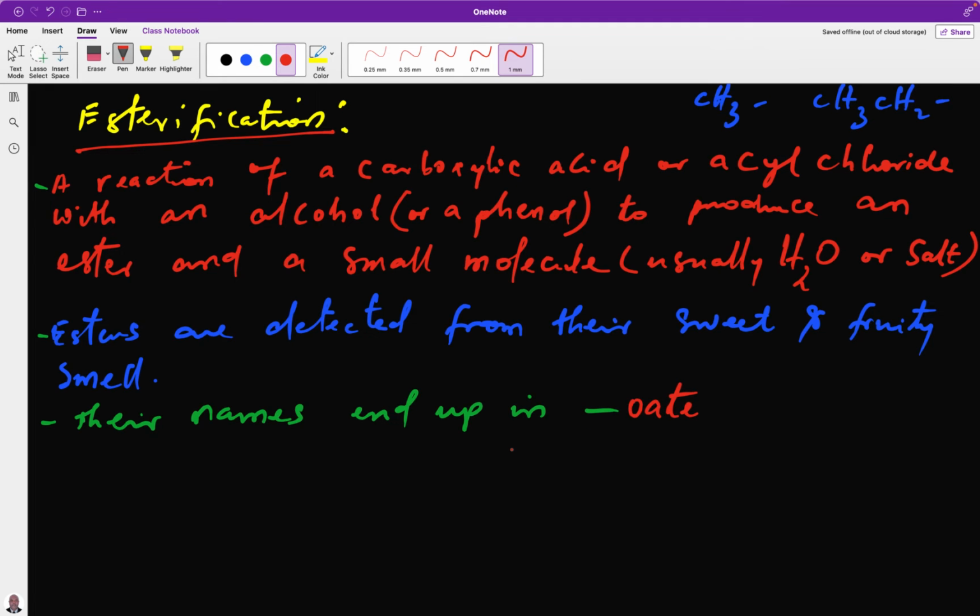We can say ethyl ethanoate, propyl propanoate, or propyl methanoate, or propyl ethanoate. So their names end in oate.